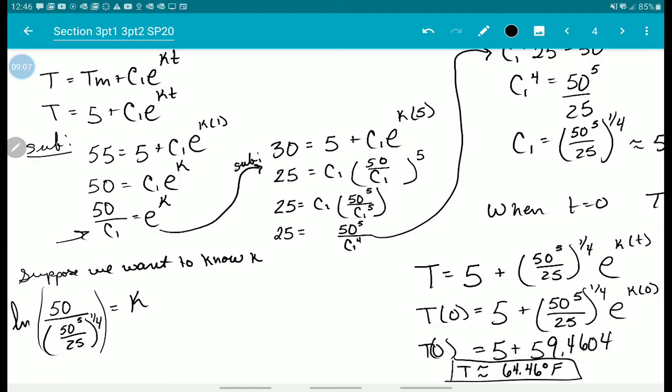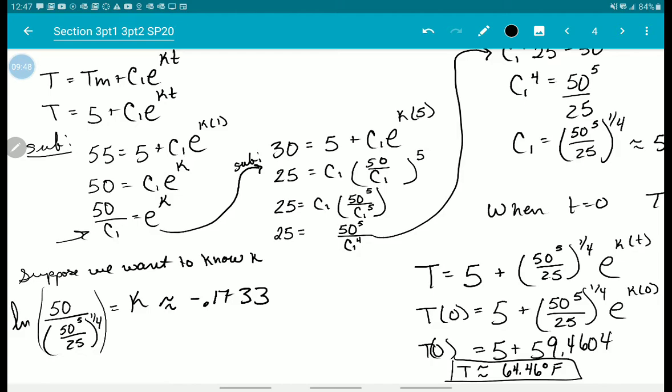And just for fun, I got approximately negative 0.1733.